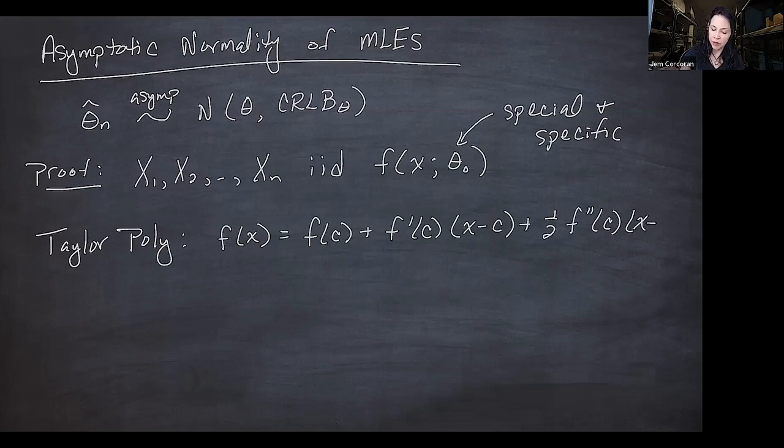I want this to be my final term, which means instead of that c in there, I need something else. I usually use a squiggly thing, x minus c squared. And this is going to be for some c tilde between x and c.